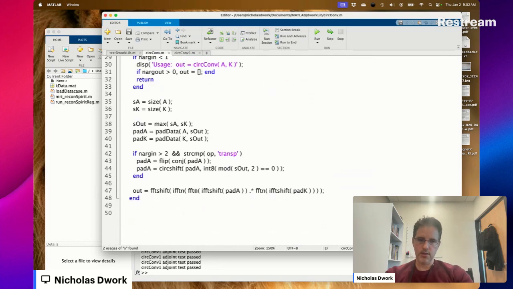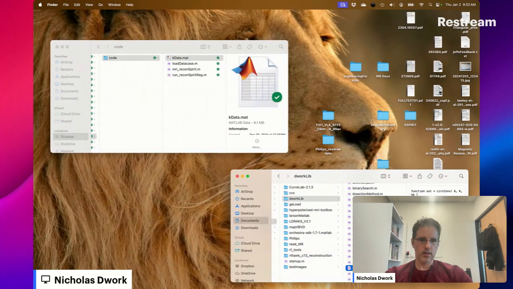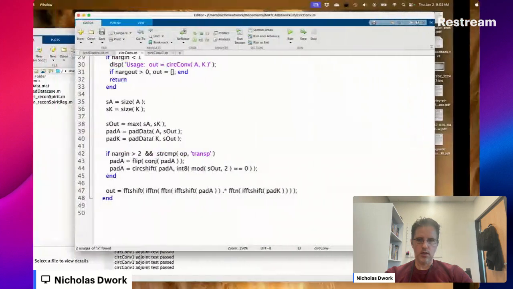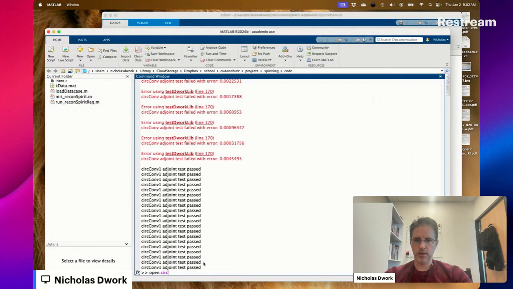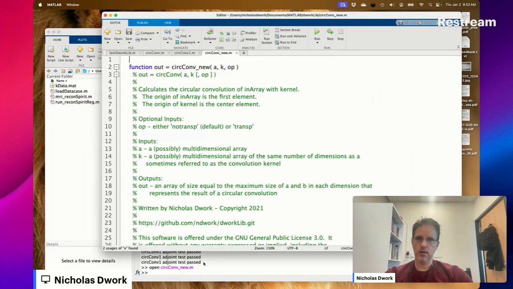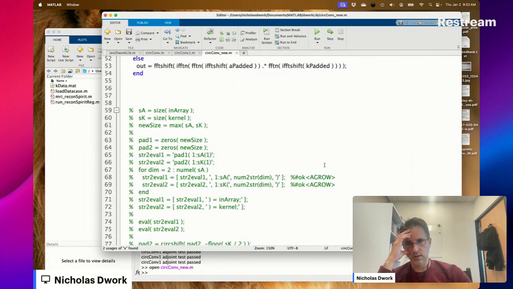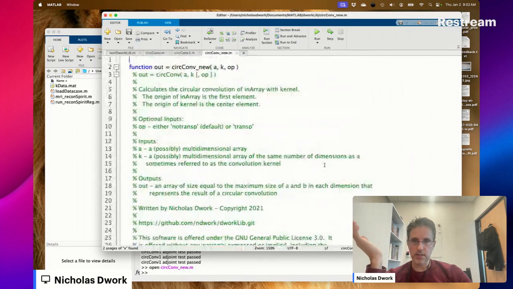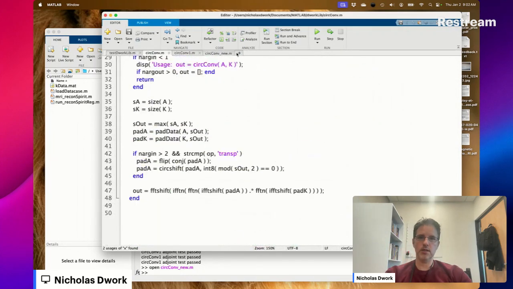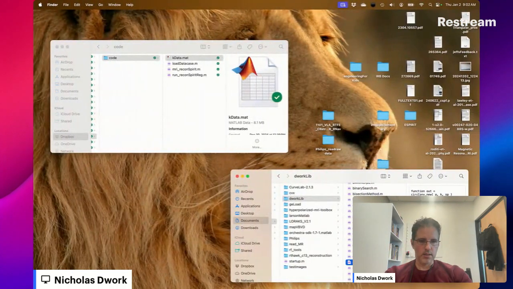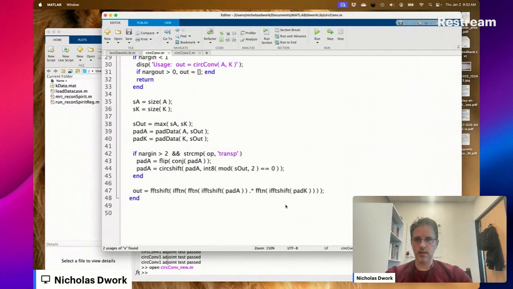This test fails. Okay. What on earth is that? Open circ conv new. This was me trying to fix this long ago. This doesn't look materially different. Who knows what this was? It's not part of the repository. It's gone.